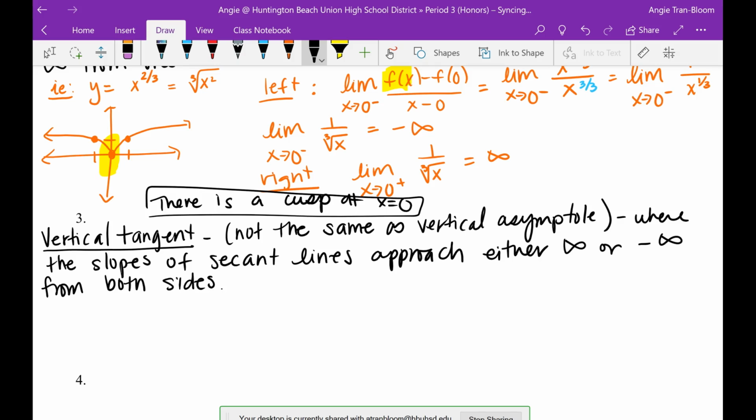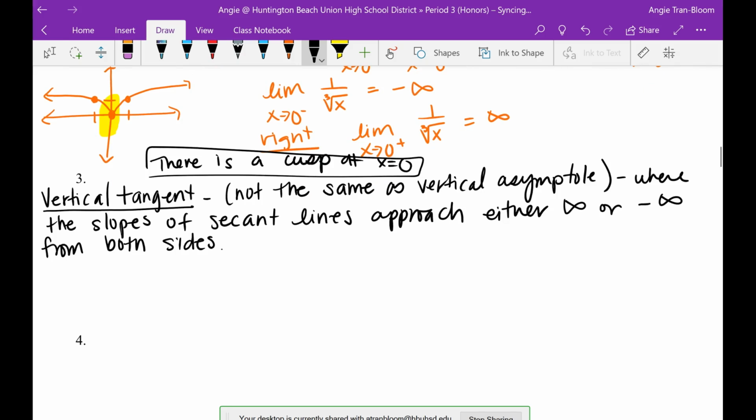Not switching like the cusp, because if it is, then it's obviously already a cusp. So they're both positive or they're both negative, then it's going to be a vertical tangent.